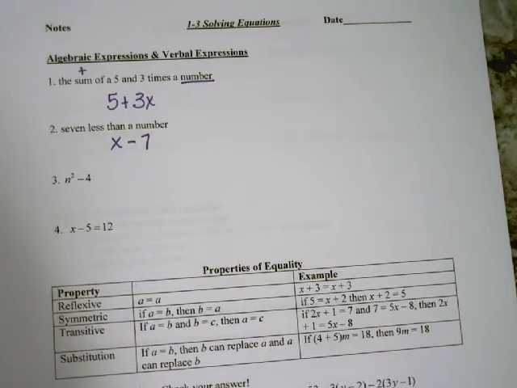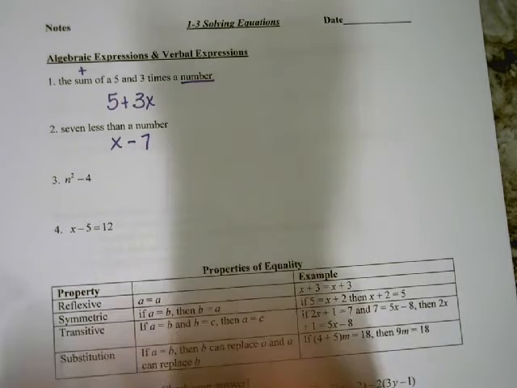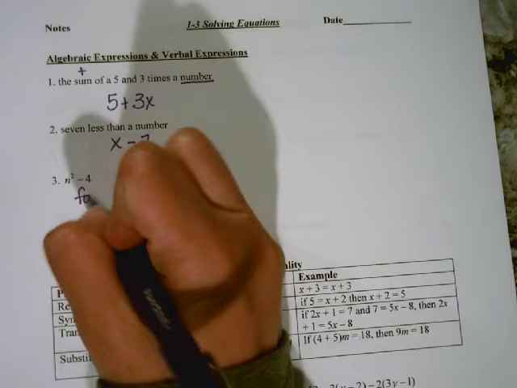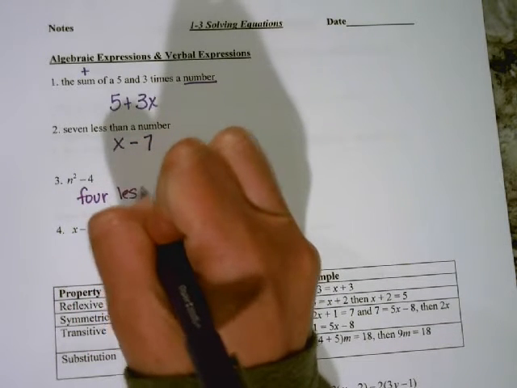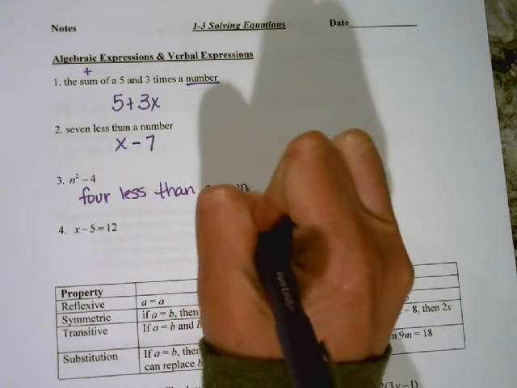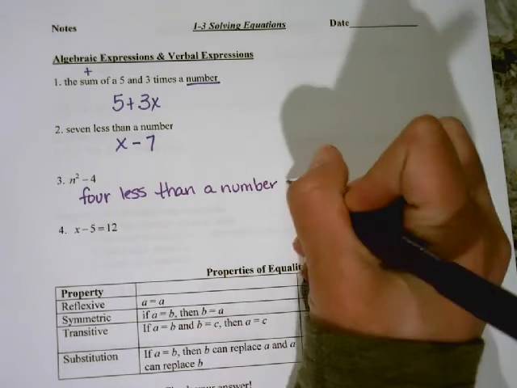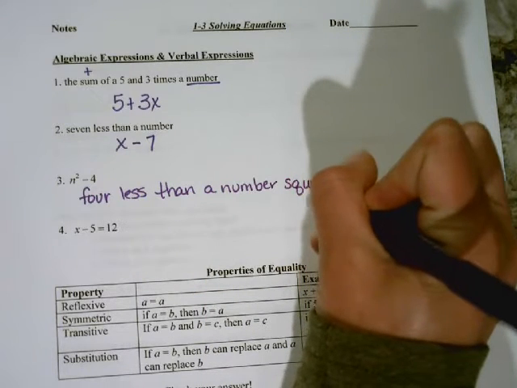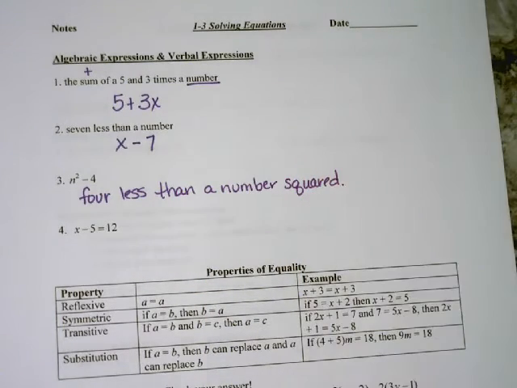Number 3, there's lots of ways that you can do this. I'm just going to pick one and go with it. 4 less than a number squared. You could have said a number squared minus 4.